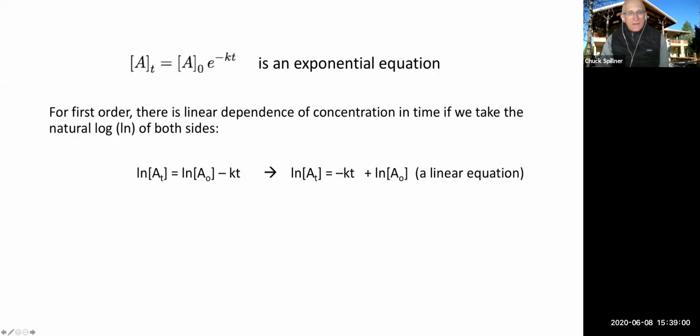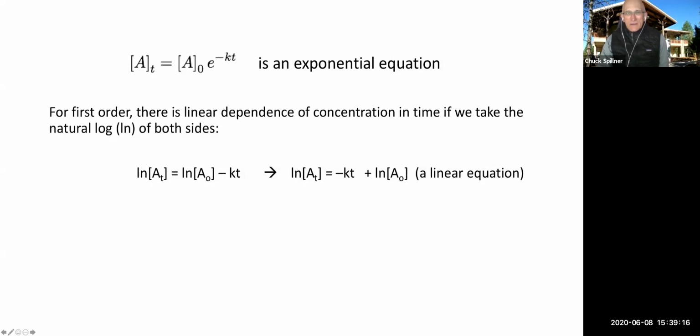This is the usual form of a linear equation, where the natural log of the concentration of A is a function of time, and the slope is the rate constant.